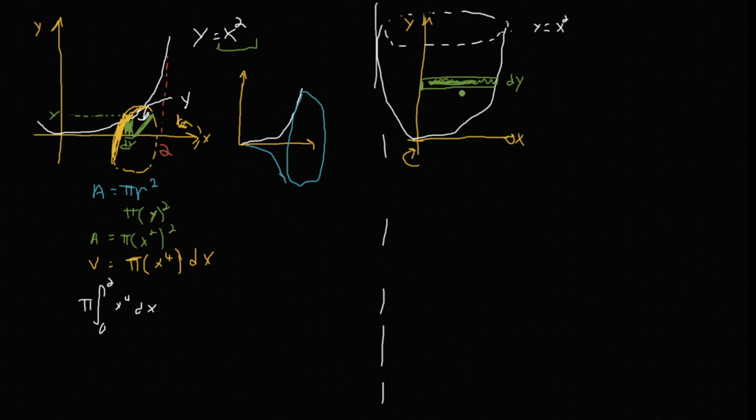So this is a dy. And what is this height? This height is our x value. The height of the rectangle in this direction is actually our x value.